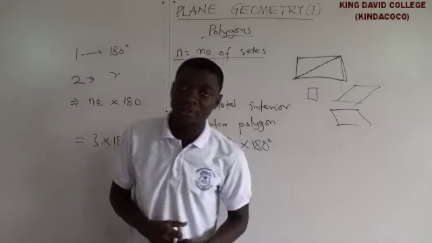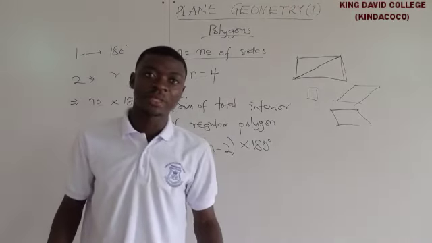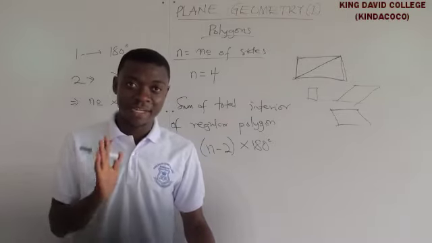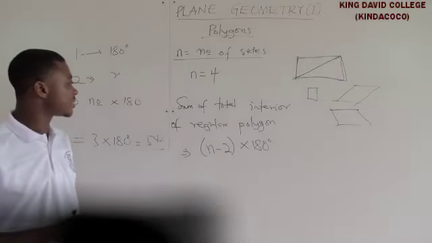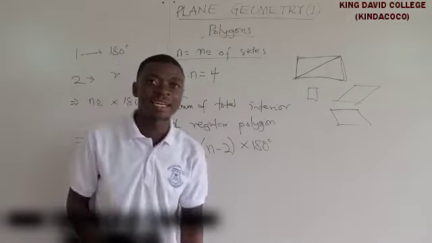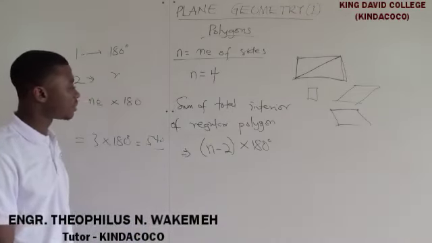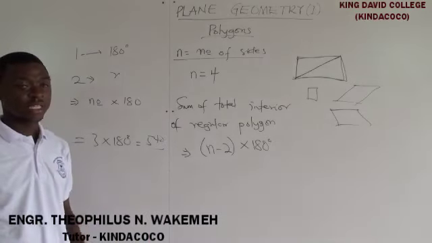So that is going to be n minus 2 times 180 degrees. That's the sum of the total interior angle of a regular polygon. Are you okay?